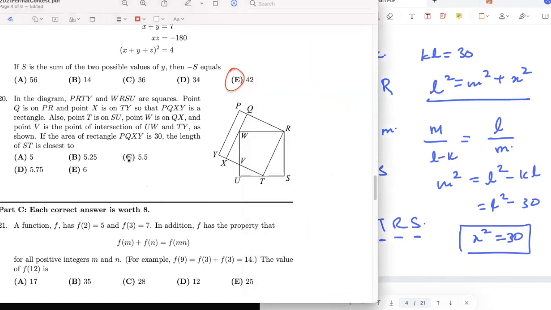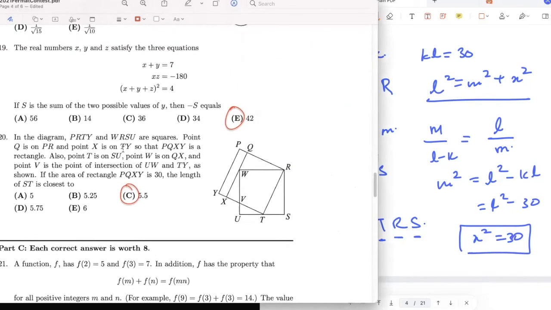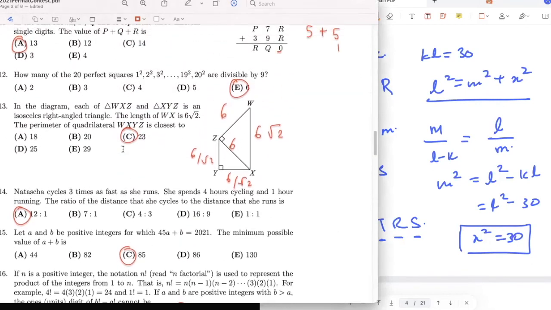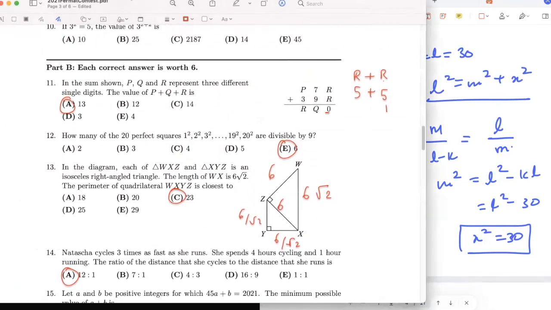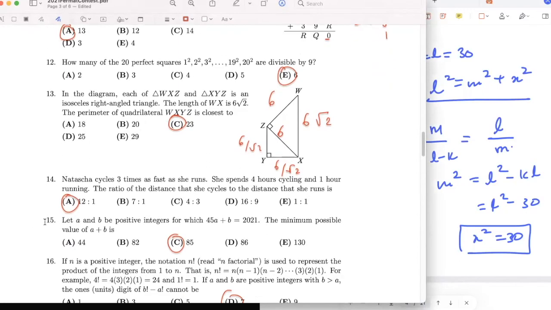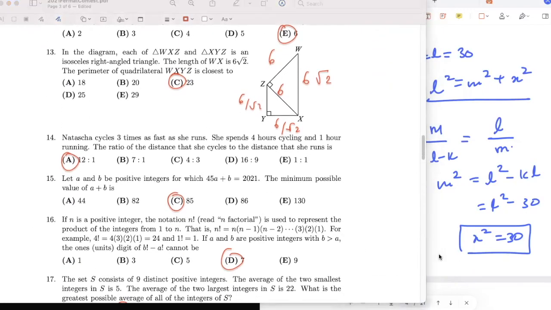Okay, so that was part B. Let's grade this. Fermat Test 2021, part B from 11. AECA, 15.